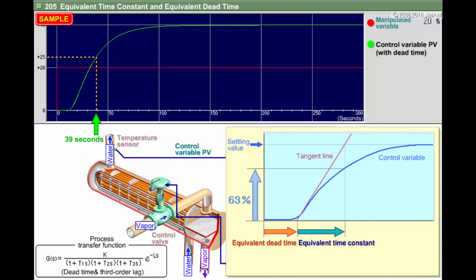From the 39-second point, S2, we draw a line perpendicular to the time axis and calculate the intersection point with the settling value of the control variable. Then we draw a straight line connecting that intersection point with point S1, where the control variable is considered to start changing when we treat this as a first-order lag.